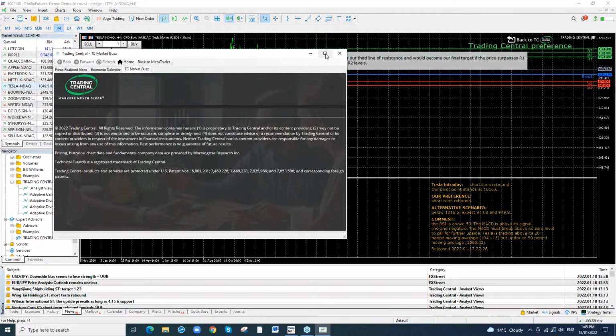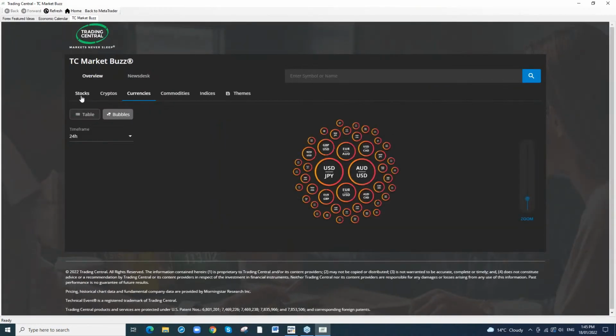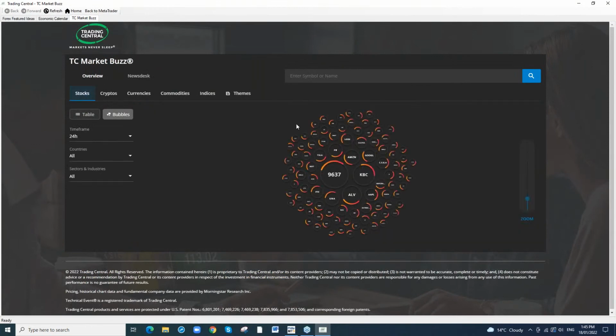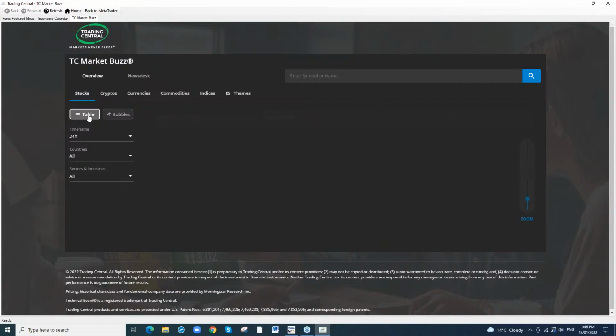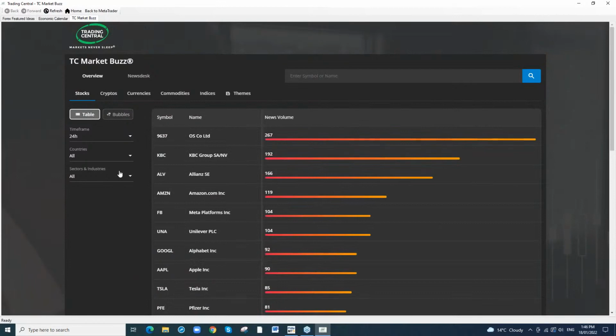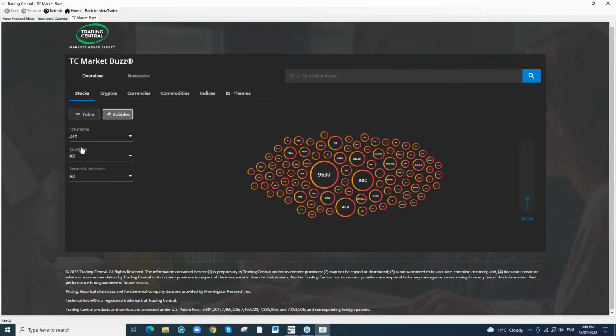As Ming mentioned, the micros are also very important, and you always need to put a trade into perspective. So here we are in market buzz. If you are interested in stock trading, you can choose the first tab. We have a bubble interface and a table interface as well. So you can see by the news volume which stock is the most trending right now in the last 24 hours.